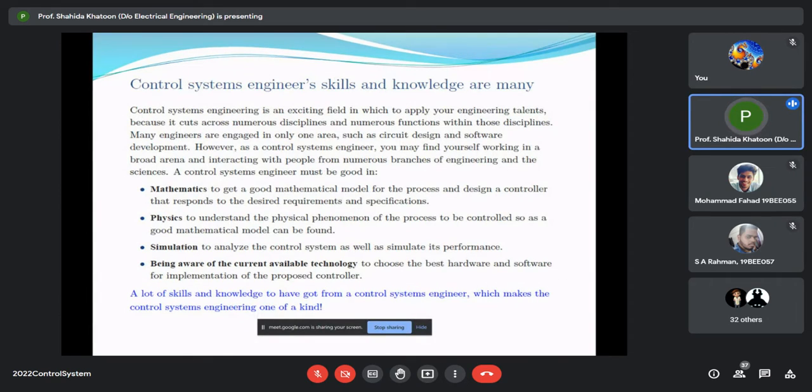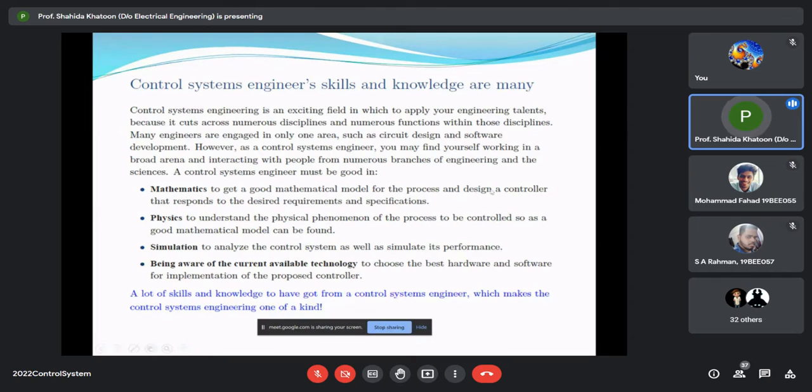Control systems engineers' skills are so many. For example, control system engineering is an exciting field in which to apply your engineering talents because it cuts across numerous disciplines and numerous functions within those disciplines. Many engineers are engaged in only one area. A control system engineer must be good in mathematics to get a good hold of the mathematical model of the process and design a controller that responds to the desired requirements and specifications.